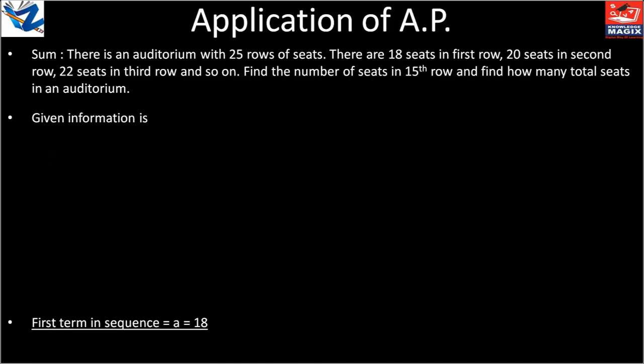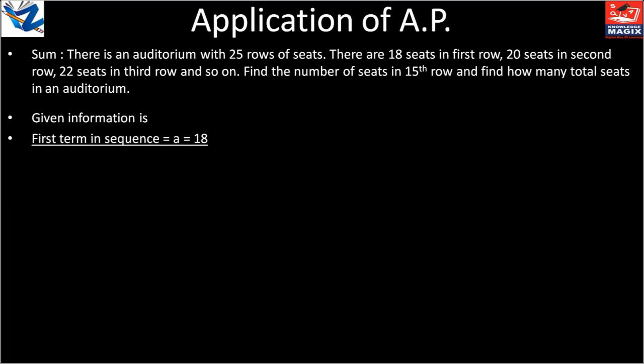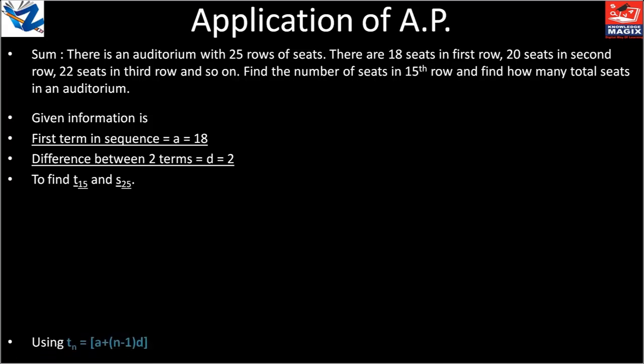Given information is: first term in sequence is equal to a is equal to 18. Difference between two terms is equal to d is equal to 2. To find T15 and S25, using Tn is equal to a plus n minus 1 into d.